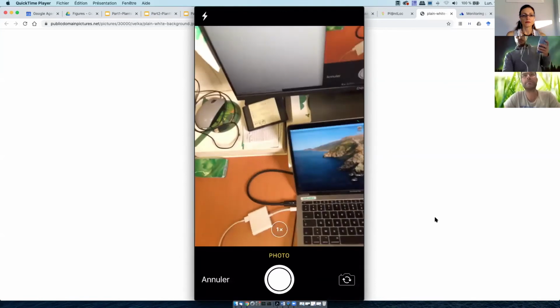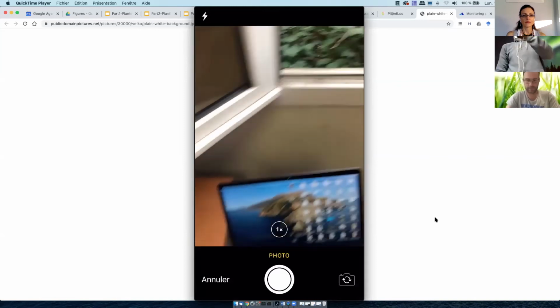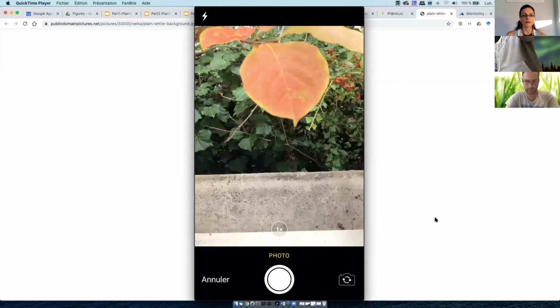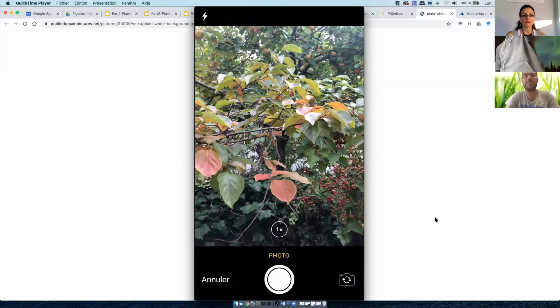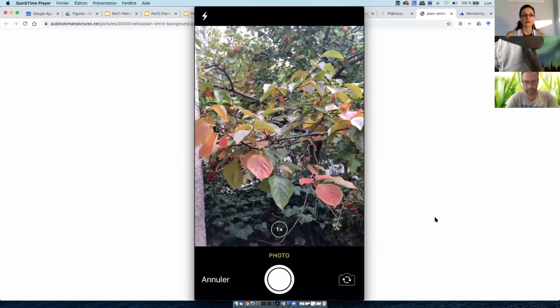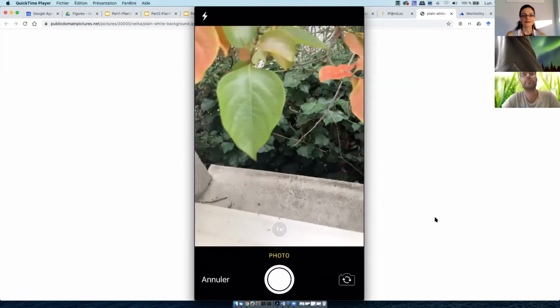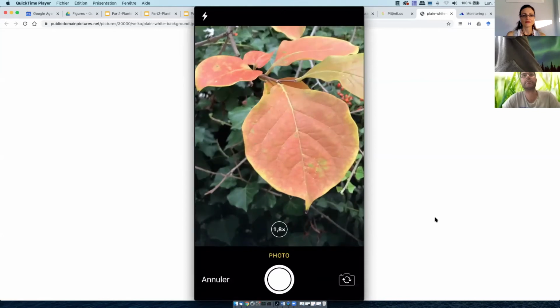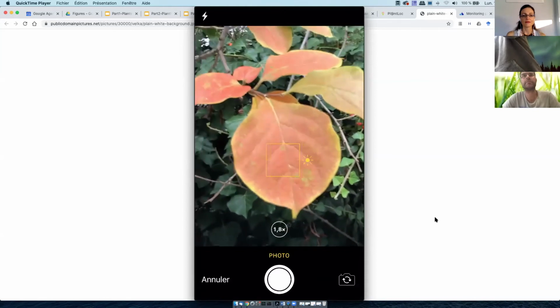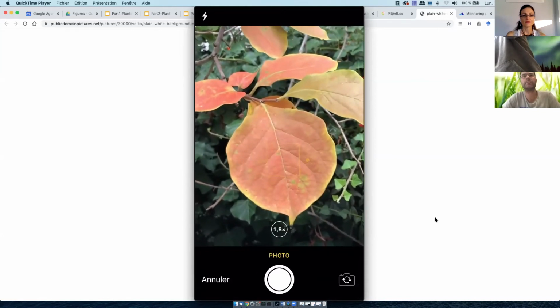I move a little bit. Okay, and here you can see that tree. Instead of taking a picture of the whole plant, I have to go really close in order to take the most informative picture possible.